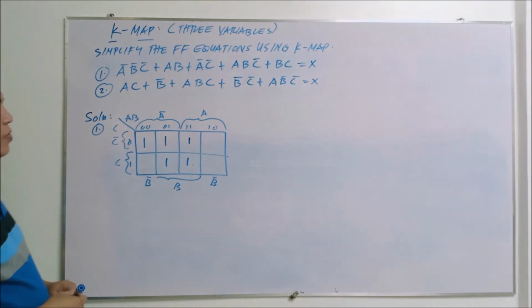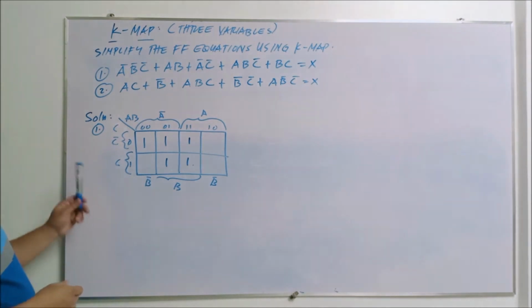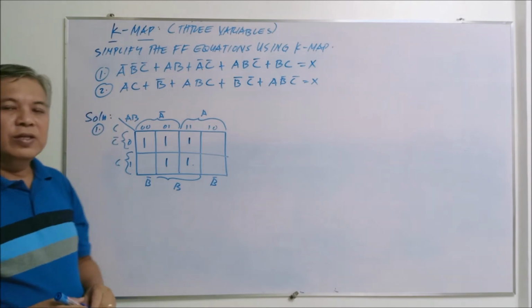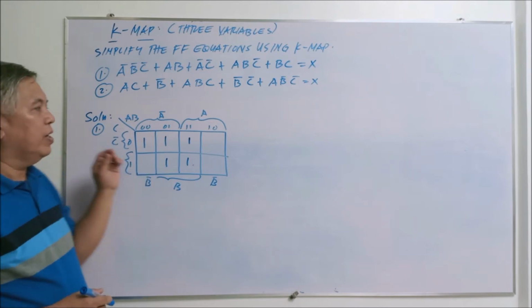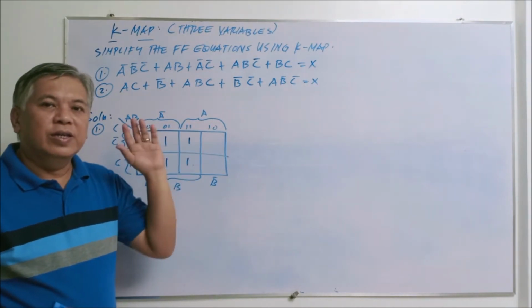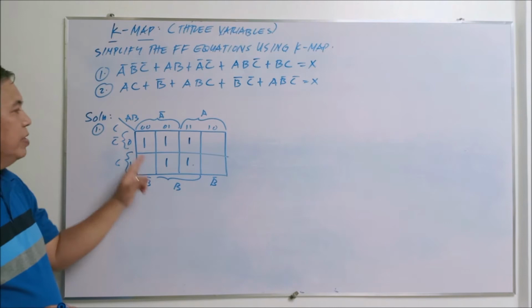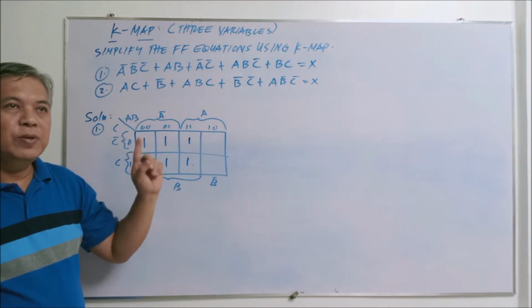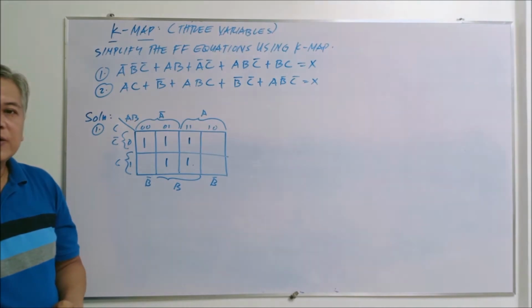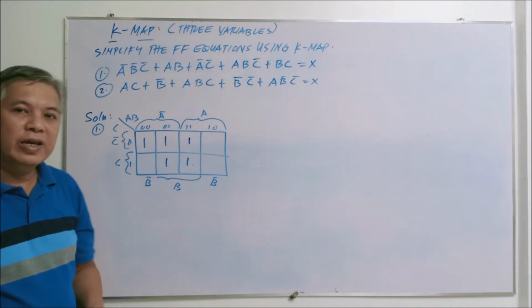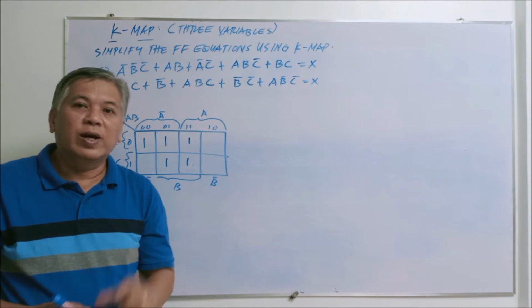Okay? So, we group them according to our rule. The grouping will be what? 4, 2, 1. Actually, we can have 8, no? 8 adjacent cells because we have here 8 cells. But if, in any case, all cells here have a value of 1, then that means that X will be equal to 1.